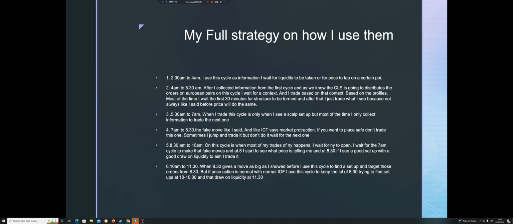So if you see a setup that you like, a setup that you use at 5:30, and you see a possible drawn liquidity, like a high or a low that you think is going to be taken, you can trade at that time. Don't risk much. Okay, risk 0.25, 0.50, and you can trade like that.